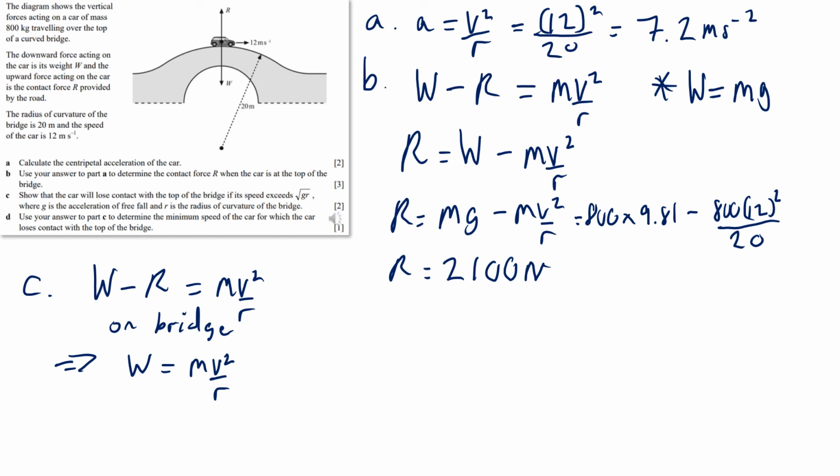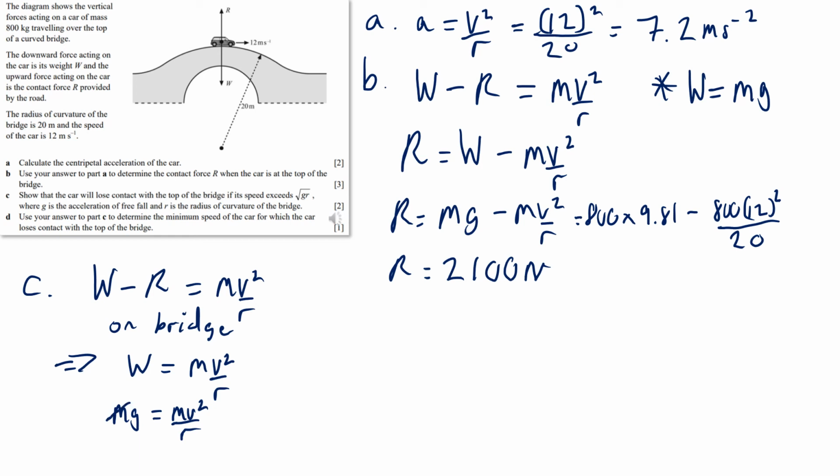From part B, we know W is mg, so mg is equal to mv squared over r. We need to make v the subject because we're trying to show what the speed is. You can see that the m's will cancel out.